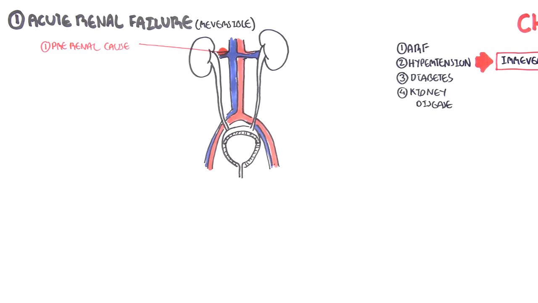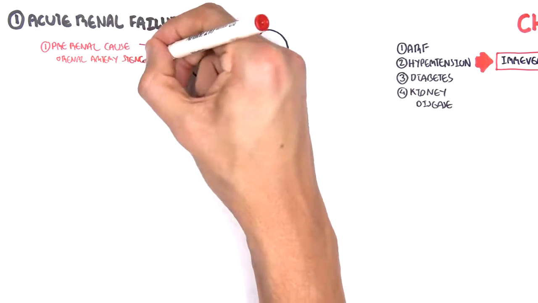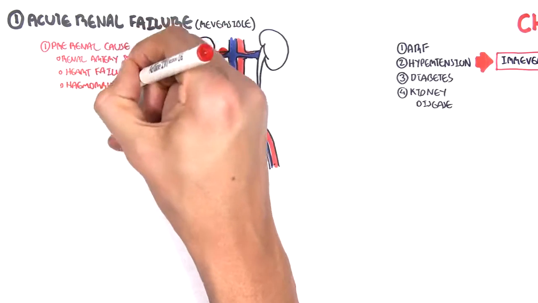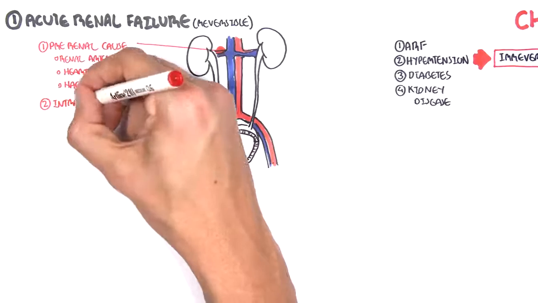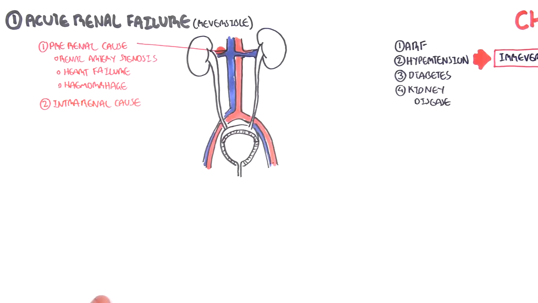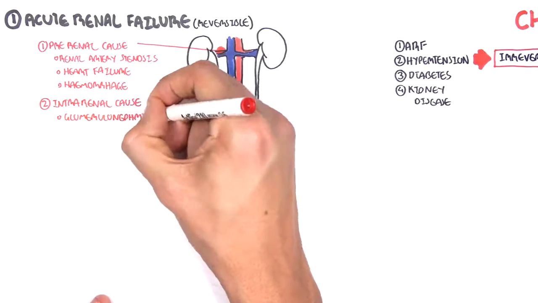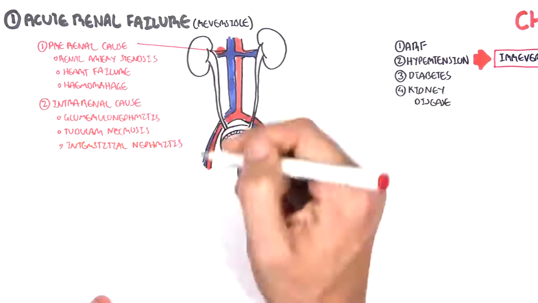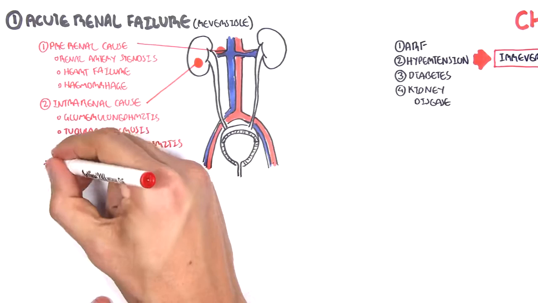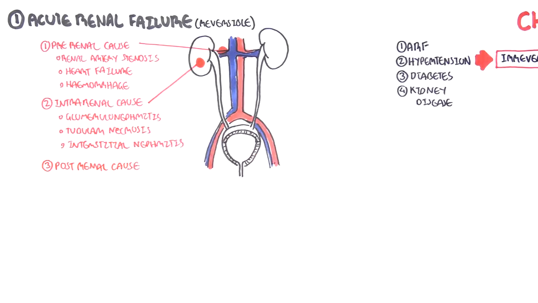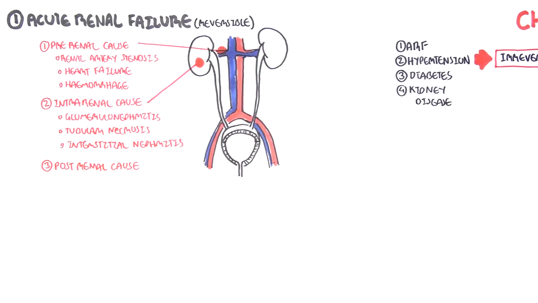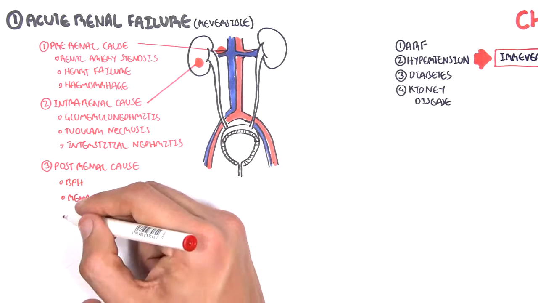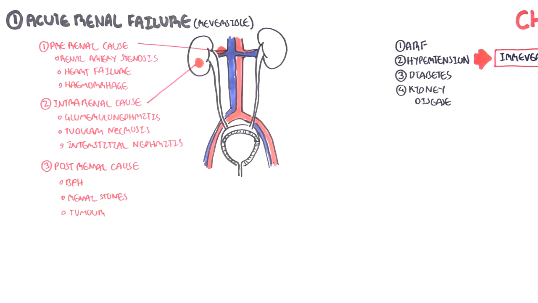Pre-renal causes include renal artery stenosis, heart failure, and hemorrhage, all of which lead to acute kidney failure. Then you have intrarenal causes such as glomerulonephritis, tubular necrosis, and interstitial nephritis. All this can also lead to acute kidney failure. Then you have post-renal causes such as benign prostatic hyperplasia, renal stones, and tumors.